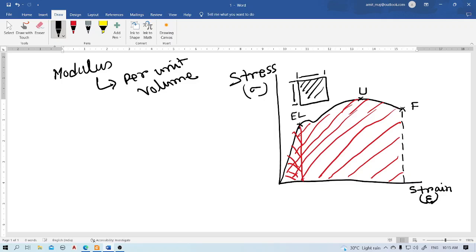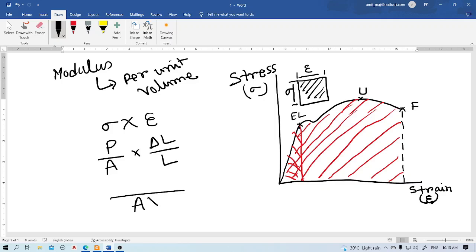Length means here strain and height means here stress. तो मतलब स्ट्रेस इंटू स्ट्रेन. अब स्ट्रेस का मतलब क्या है? लोड पर यूनिट एरिया. एंड स्ट्रेन का मतलब क्या है? चेंज इन लेंथ बाय ओरिजिनल लेंथ. तो एट द डिनोमिनेटर सेक्शन you can see the entity is nothing but volume, area into length.